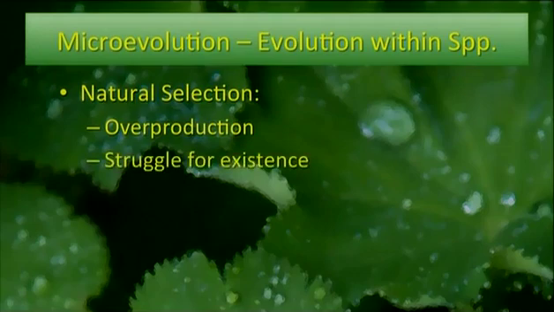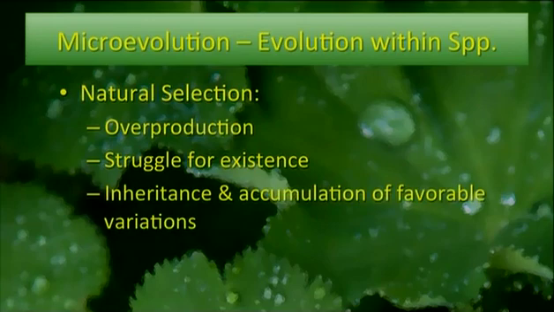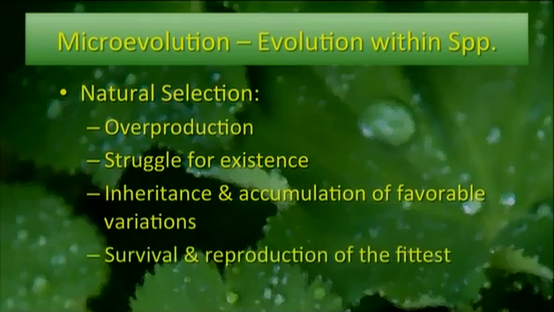Okay, there's a struggle for resistance, a competition between individuals for scarce resources. Okay, and for those who do survive and reproduce, they have inheritance and accumulation of favorable variations. So what you have is survival and reproduction of the fittest. Okay, that's what natural selection is all about.